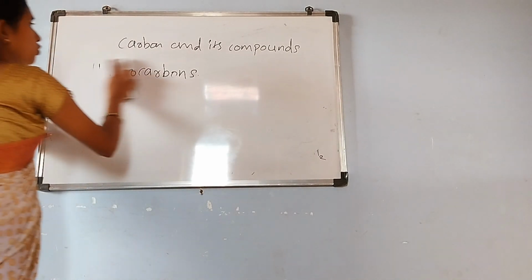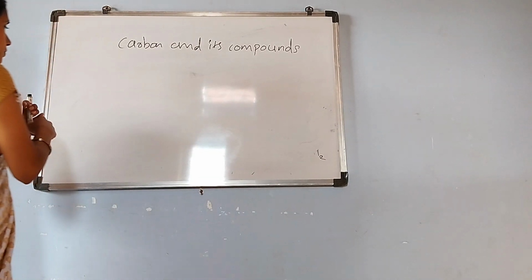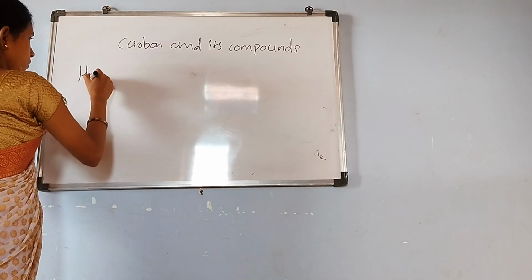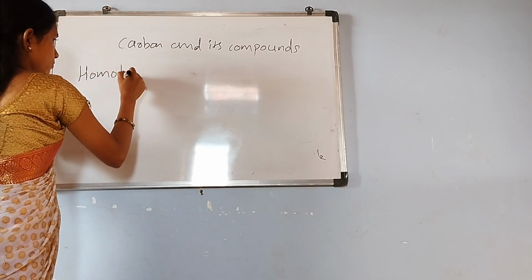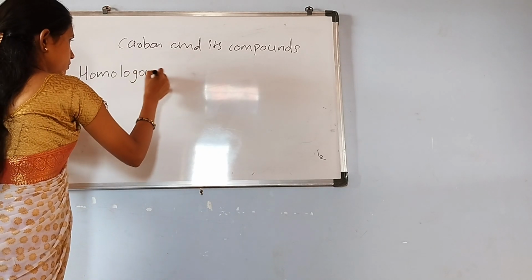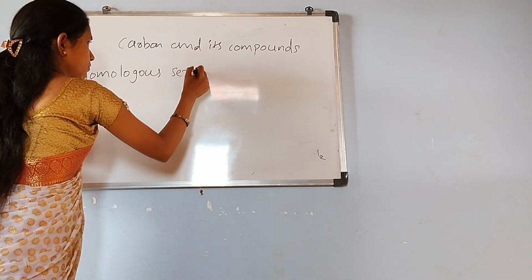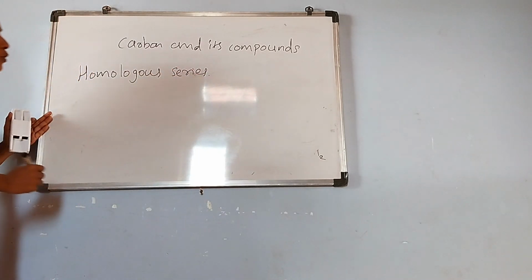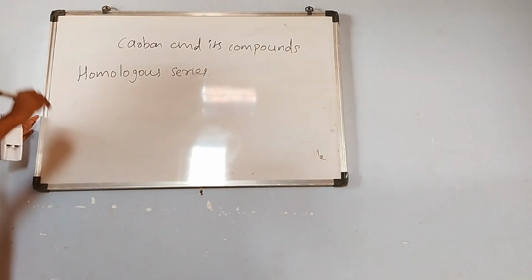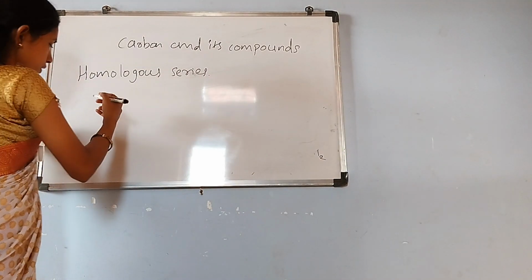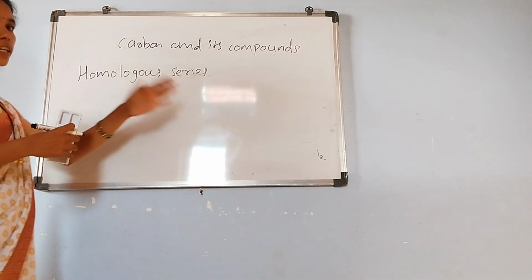Now we are discussing homologous series. What is meant by homologous series? A series of organic compounds. We already discussed the alkane series, alkene series and alkyne series.